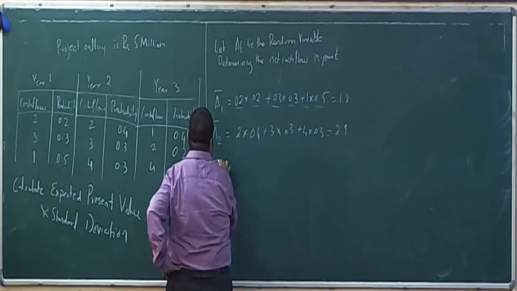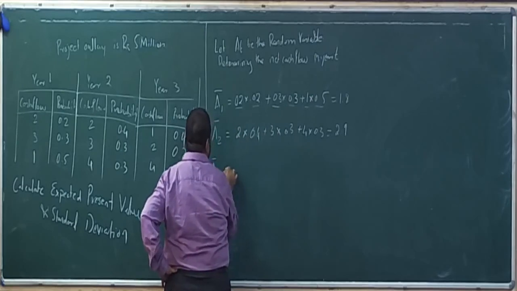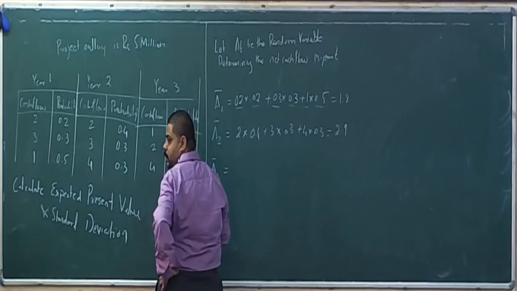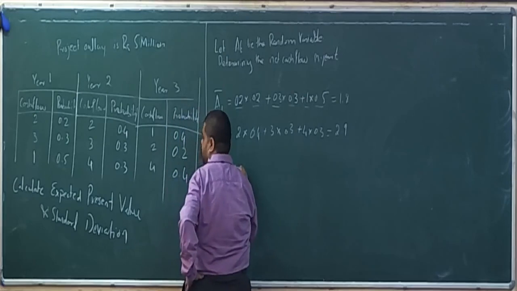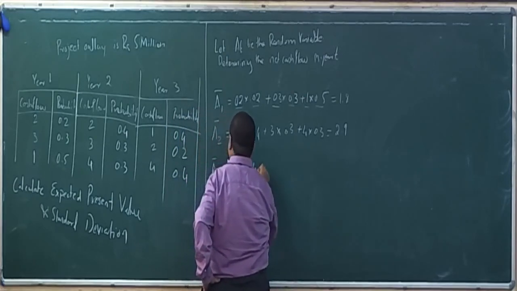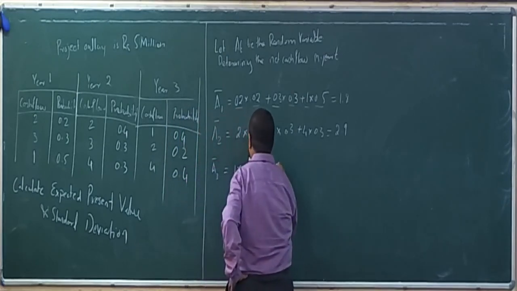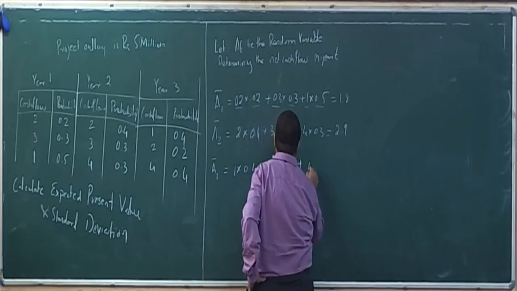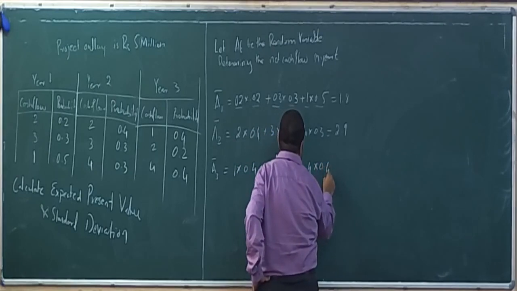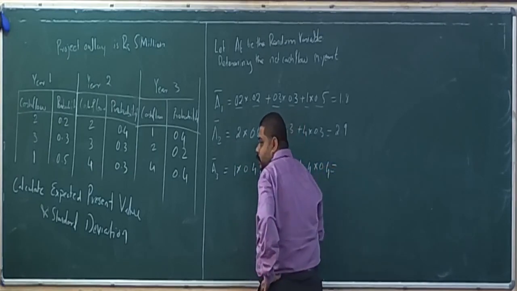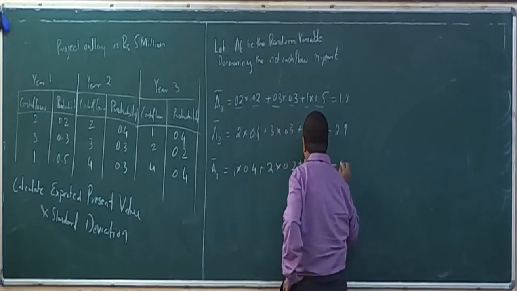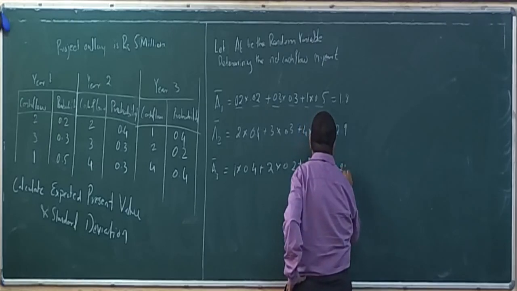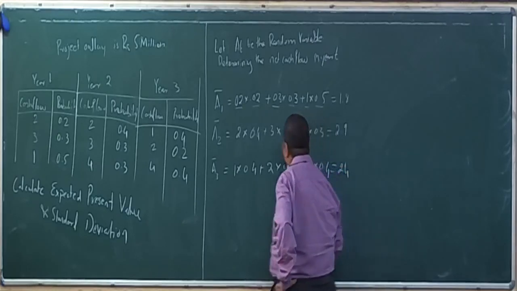Then A3 bar is equal to 1 into 0.4 plus 2 into 0.2 plus 4 into 0.4. If we calculate, we get 2.4.